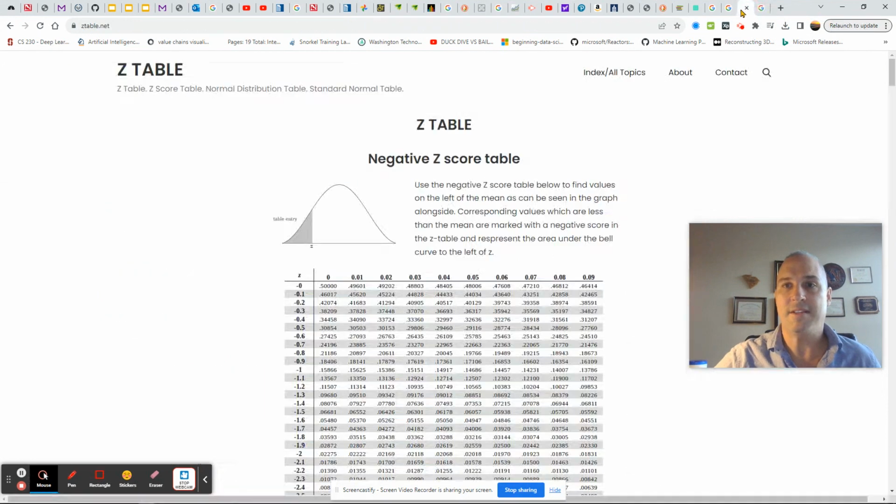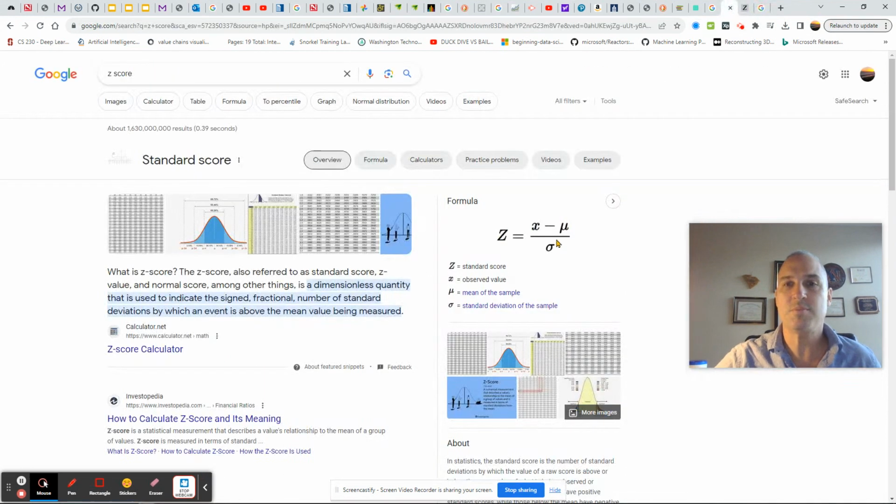That's going to give you a specific number. That's going to give you a z-score, the standard z-score. And the interpretation is how many standard deviations you are from the mean with that score.